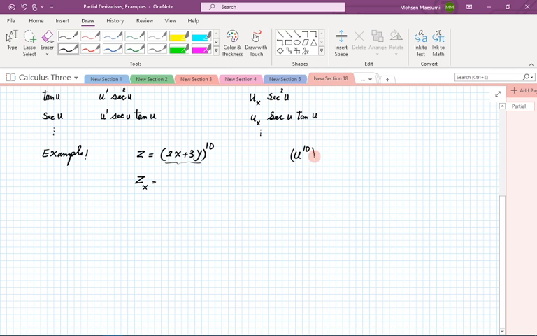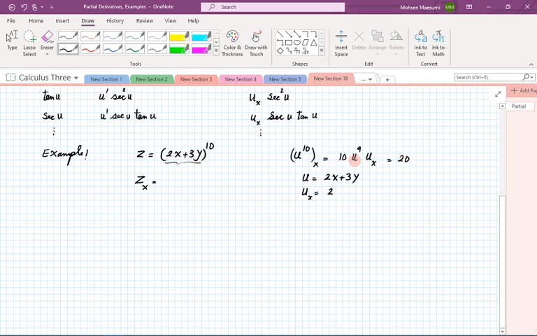The derivative of that with respect to x, by the rules that we learned just up there, is 10 u to the power of 9 times u sub x. What is u? Well, u is our substitution, 2x plus 3y, and u sub x would be just the derivative of this with respect to x, which is just 2.